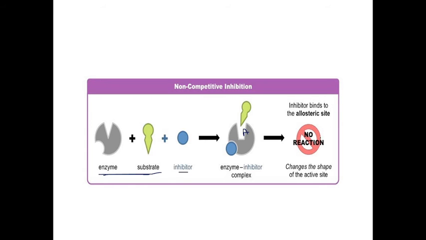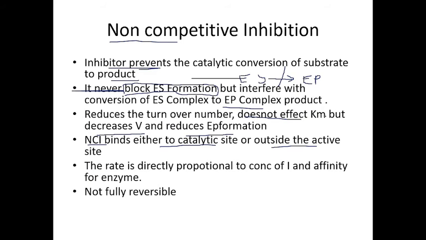So there is no EP formation. EP formation means the enzyme product formation is not happening. The velocity is decreased. Km value will almost not change. The rate of reaction is proportional to the concentration of I, because I plays an important role here.